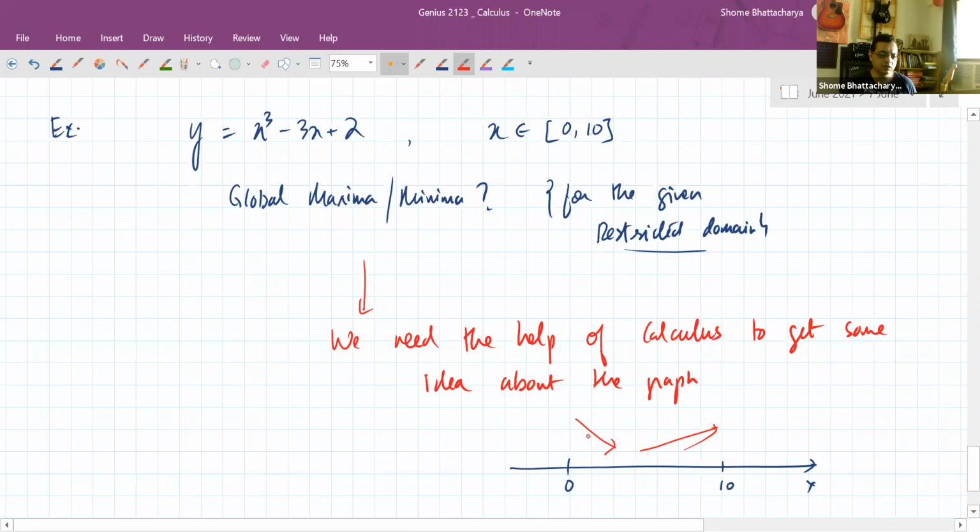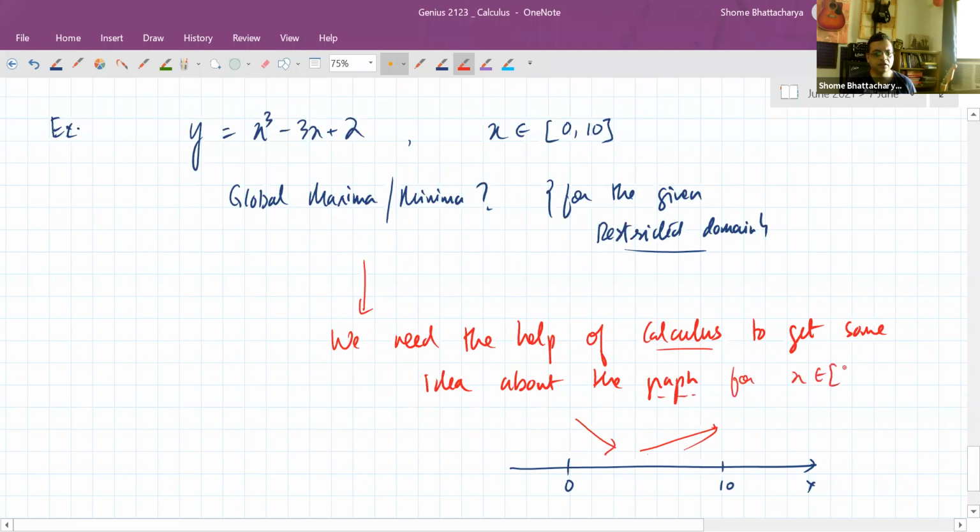Suppose the function is changing behavior more than one time in between 0 and 10, like it's first increasing, then decreasing, then increasing, then we need to check all of it. So we need to visualize the graph of the function between 0 and 10. We need to take the help of calculus to get some kind of idea or to visualize the graph of the function for at least this restricted domain.